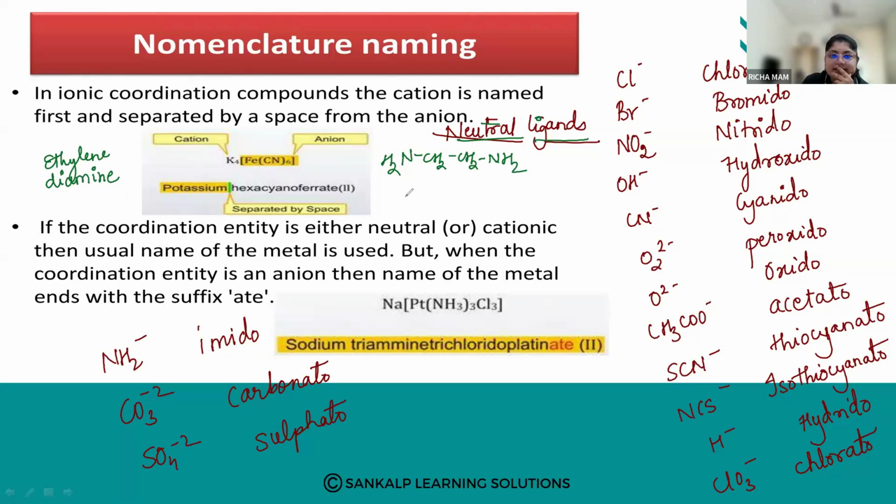Next is C5H5N. What is the name? It is pyridine.